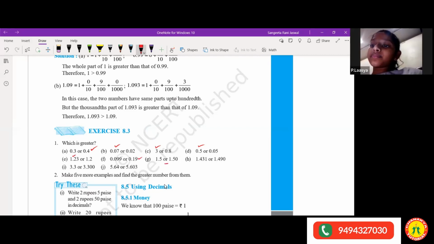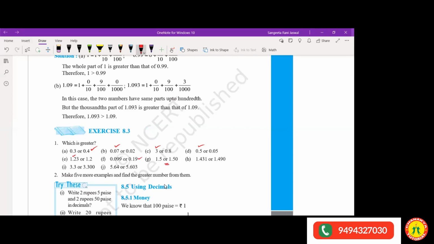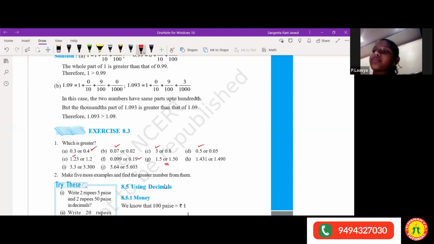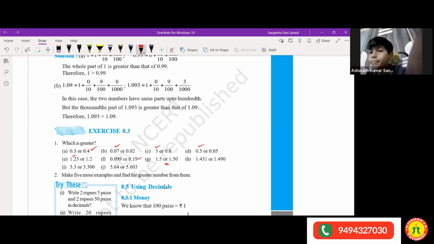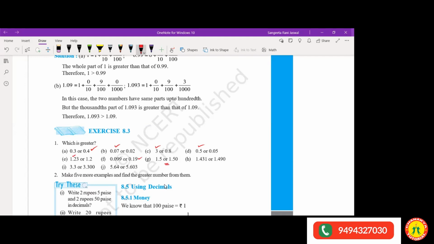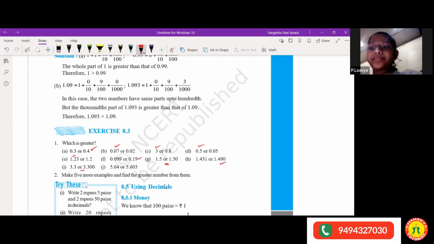Ma'am, why? Because 0 is there, it doesn't change the value. Okay, ma'am, I understood. 1.431 or 1.490? 1.490. Next one, 3.3 or 3.300? Equal.